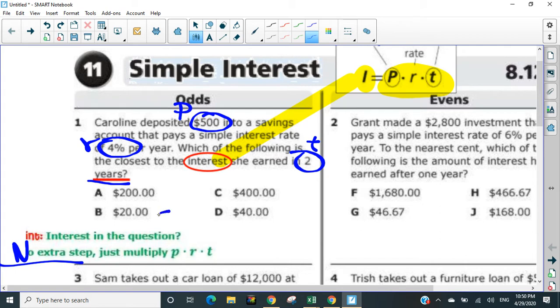So we basically just multiply 500 times 4%. But since we don't have a percent sign on Desmos, we're going to convert it into a fraction. Every percent is per 100. So if you have a number there with a percent, just get the number over 100, and that is basically the same as using the percent sign. Now times the 2, and that's all you got to do.